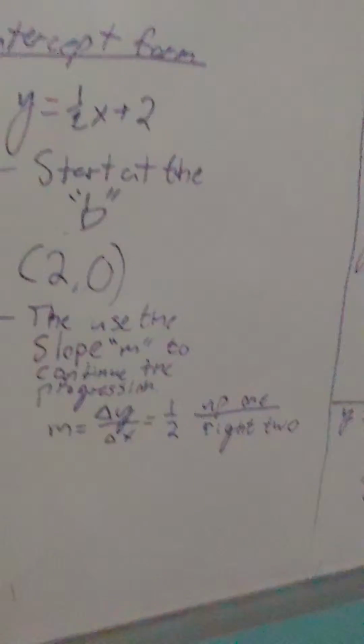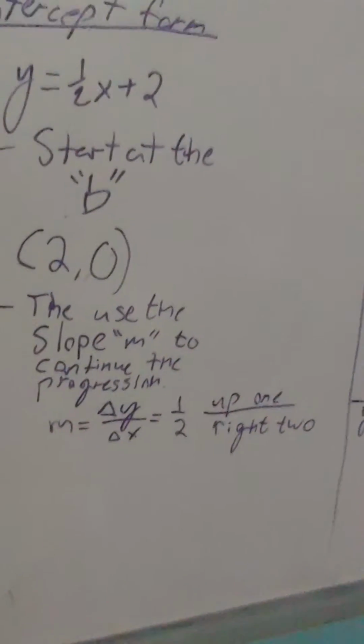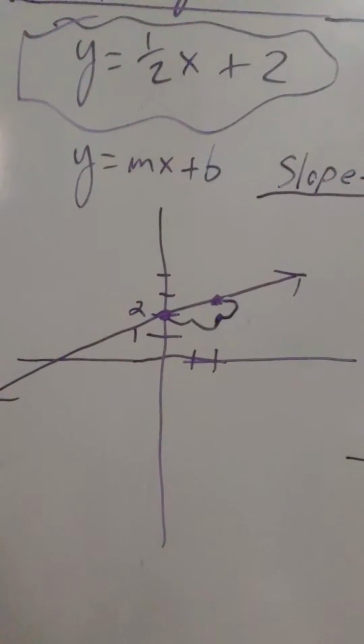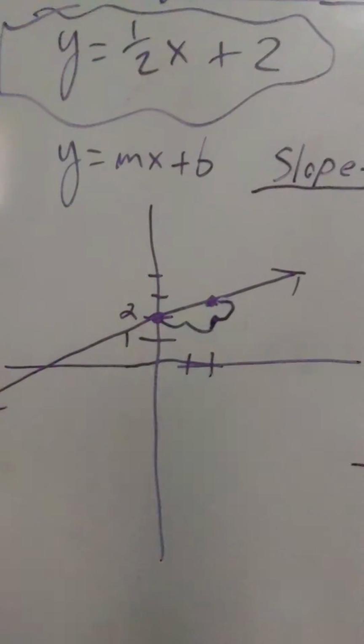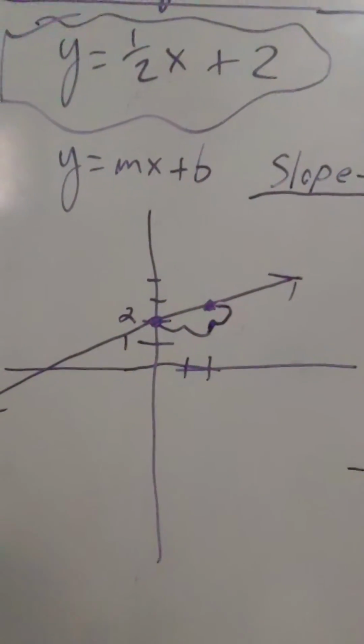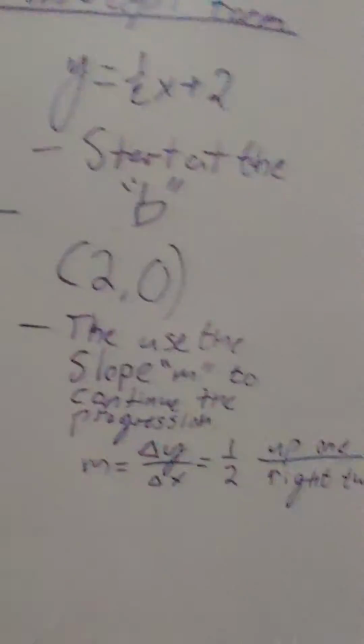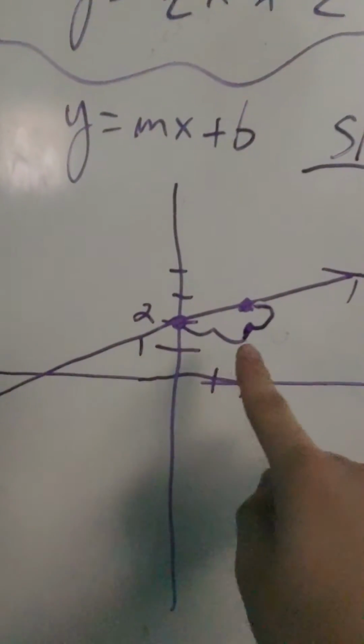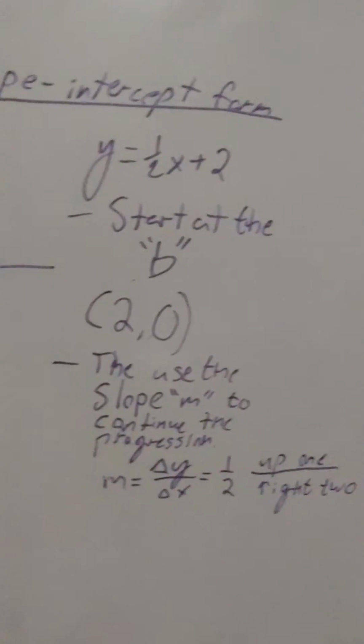So, for our case, since it says up 1 and to the right by 2, we're going to go back here. And since we started at the point 0, 2, or just on the 2 point on your y-axis, you have to go 2 to the right, like it was saying below, right 2. So I just did 2 jumps, 1, and then 2. And then it says up 1.